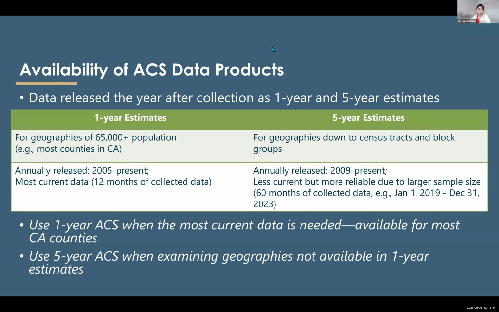And you use the 5-year ACS when you want to examine geographies that are not available in the 1-year estimate. In that case, you won't be able to look at an annual trend, but you can definitely still compare 2 time periods that are further apart, like the example I just showed you.